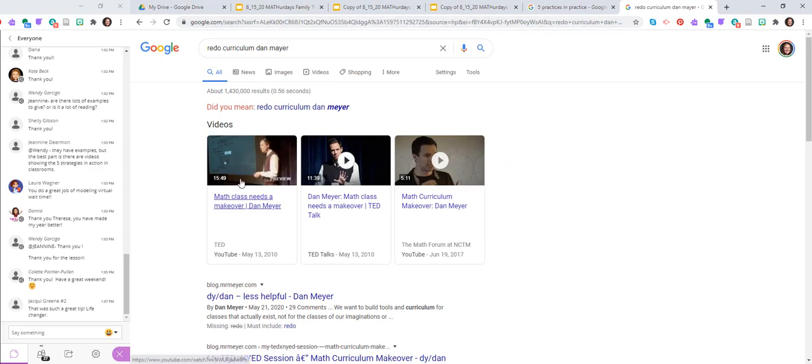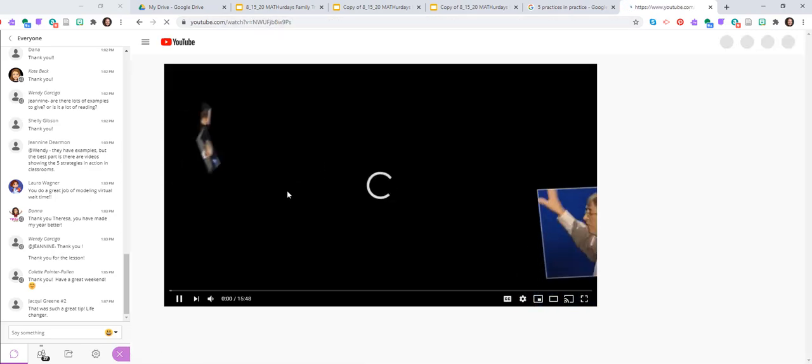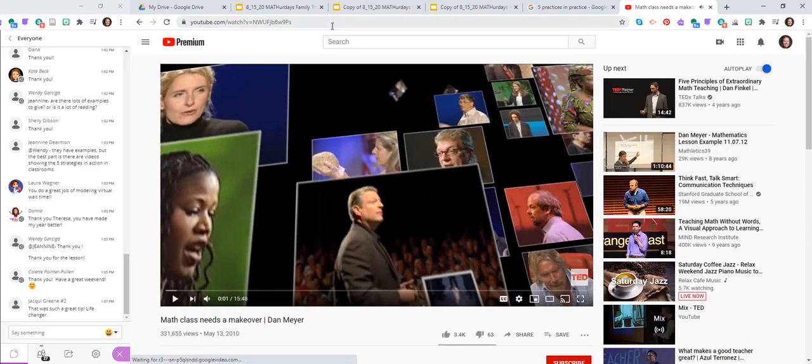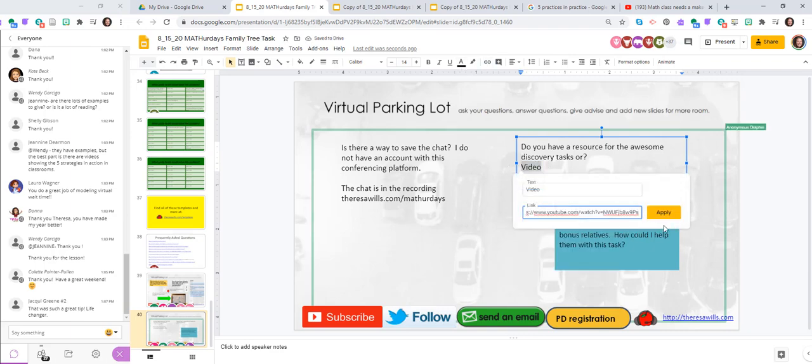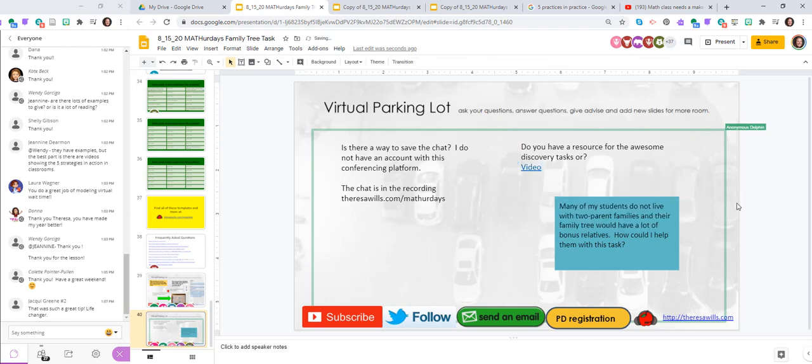Here it is. Class Needs a Makeover. M-E-Y-E-R. I need to remember that. So through this video, I have learned really how to strip out the numbers, make sure that there's multiple correct answers or multiple ways of thinking about it, and that there's multiple representations. So that is kind of the inspiration.